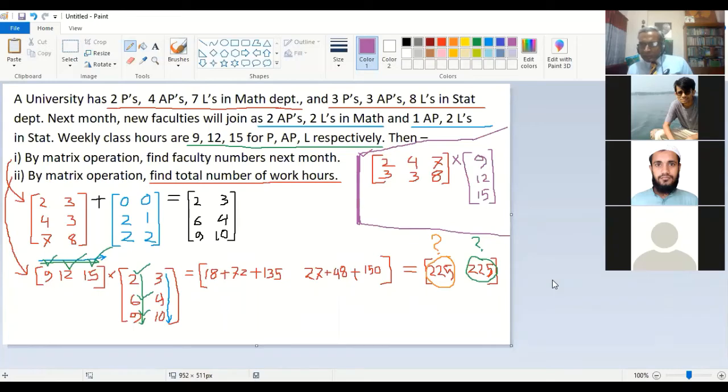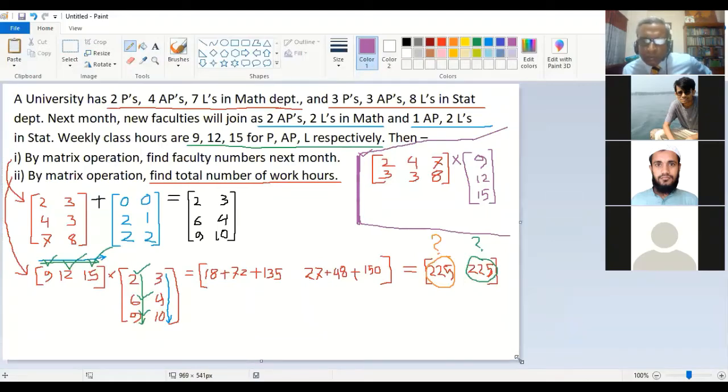Okay, good. If there are any more questions, tell me, because I will move to the inverse topic now. So if you have something to ask, you can do it now, or otherwise I will move to the inverse topic. Can I move to the inverse? Yes, sir.